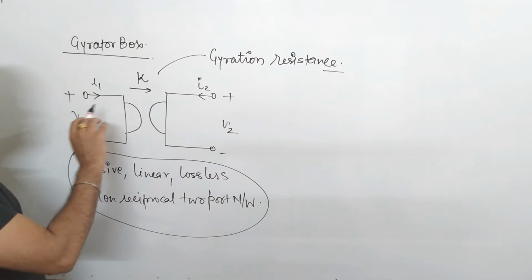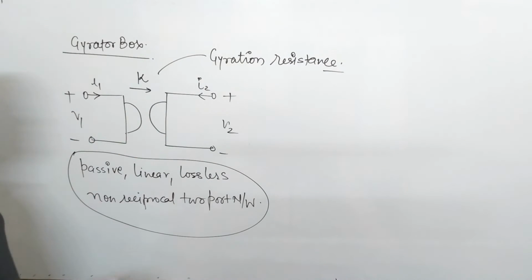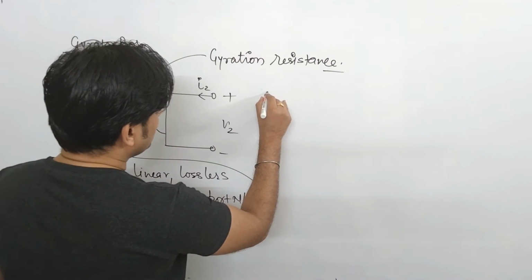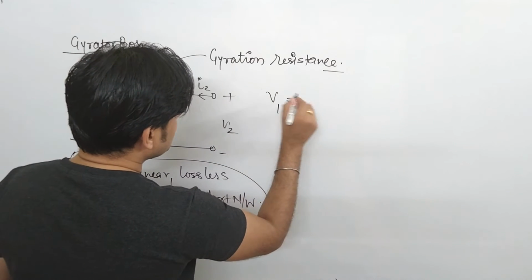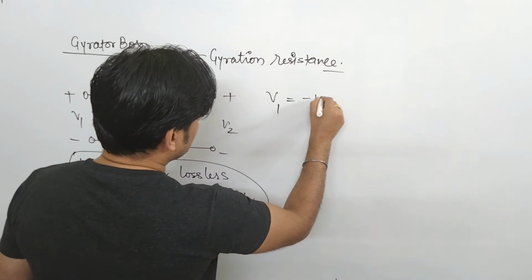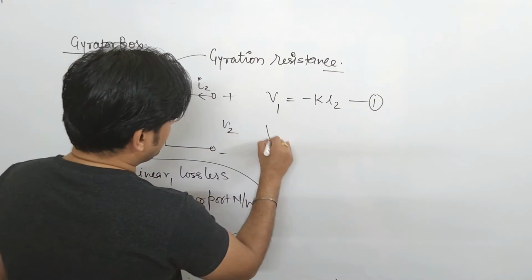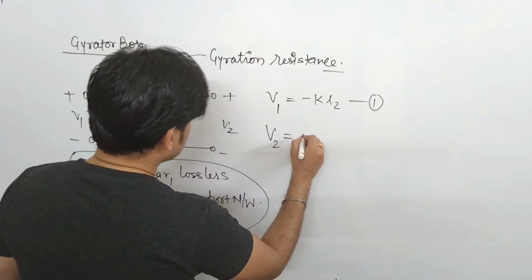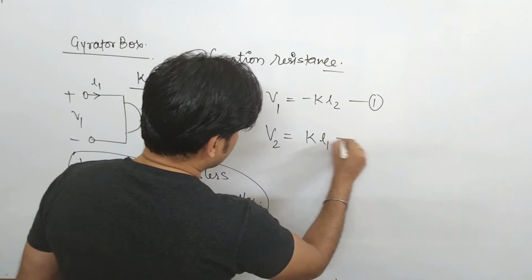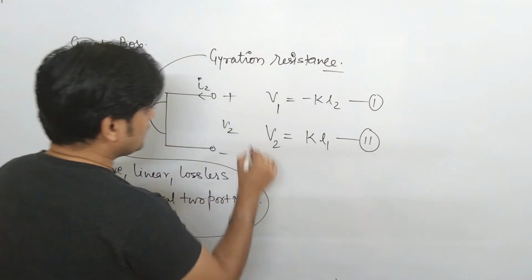There exists a relation between the output and input in terms of gyration resistance, and it is given by V1 equals minus K I2, which is the first equation, and V2 equals K I1, which is the second equation.